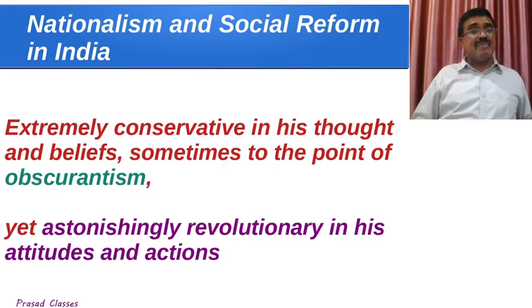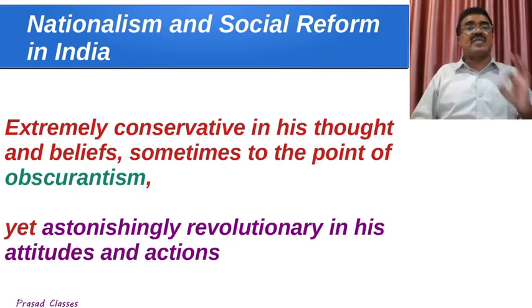He was extremely conservative in his thought and belief, sometimes to the point of obscurantism. It was not very clear whether he was conservative or pro-change. That is what we call obscurantism. Actually, he had a conservative mind regarding religion and culture, yet he was astonishingly revolutionary in his attitudes and actions.